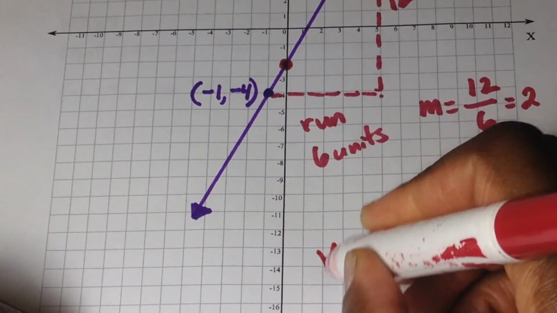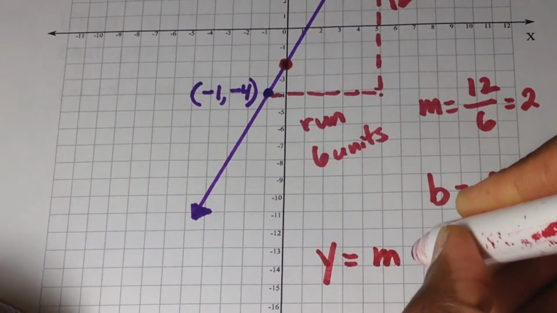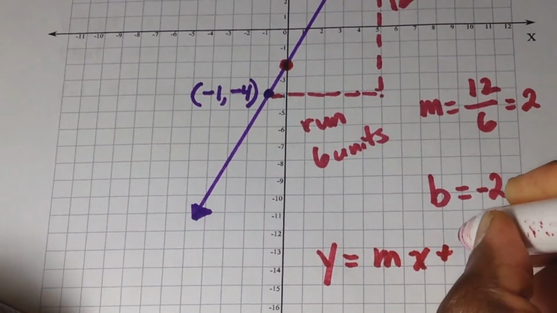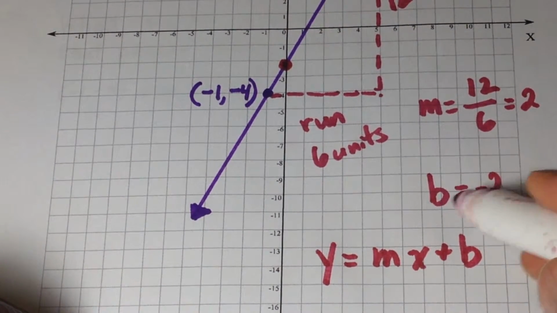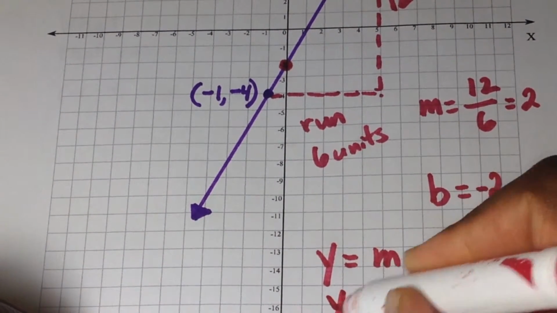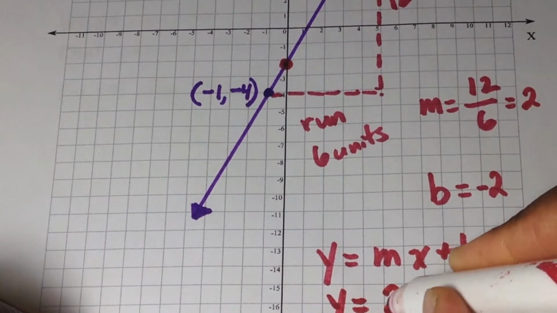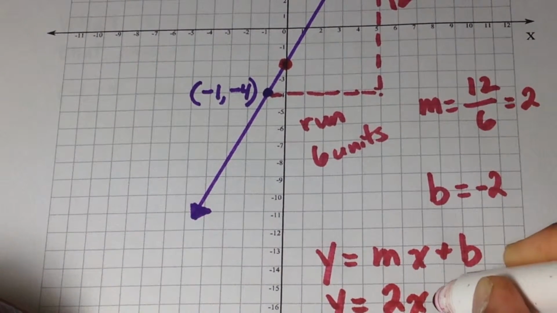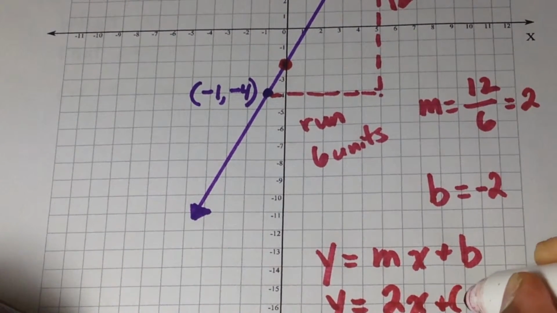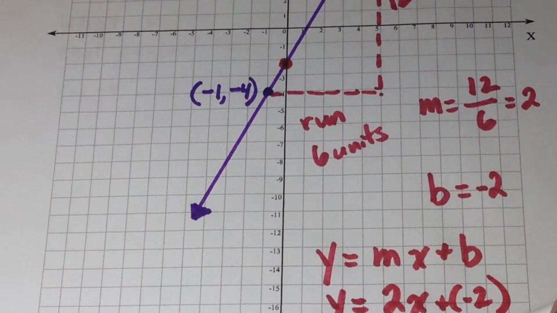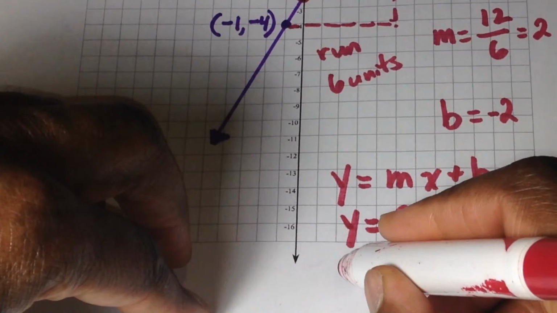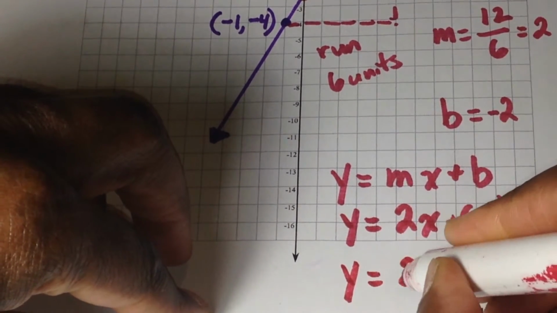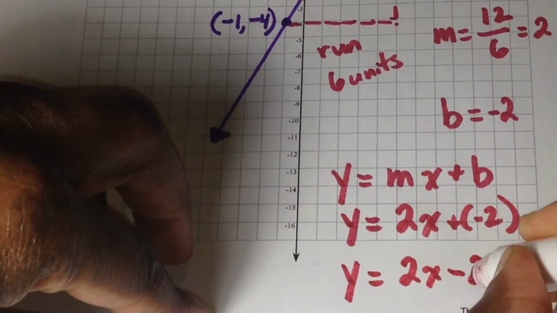So it's y is equal to mx plus b, and we substitute the m with 2, the b with -2, so y is equal to 2x. Even though we could put plus -2, we simplify it to be written as y is equal to 2x minus 2.